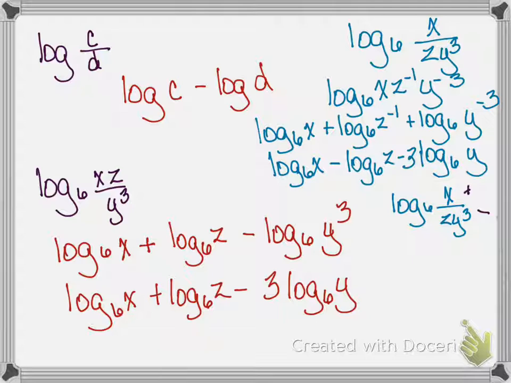So, looking at this again, we can rewrite this log base 6 of x minus log base 6 of z minus log base 6 of y to the third. Sorry, I know I'm running out of room. Okay?